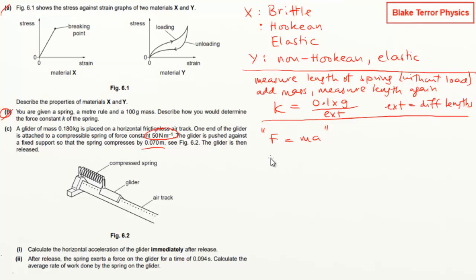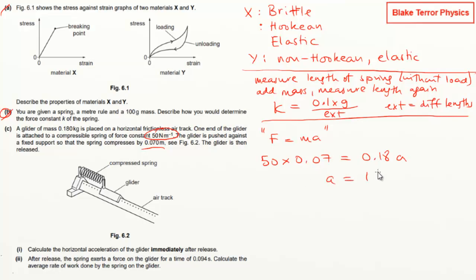The force that we're going to have is going to be the spring constant multiplied by 0.07. That is going to be equal to 0.18 multiplied by A. So we just need to stick all of that into the calculator. 50 multiplied by 0.07 divided by 0.18 gives 19.4.